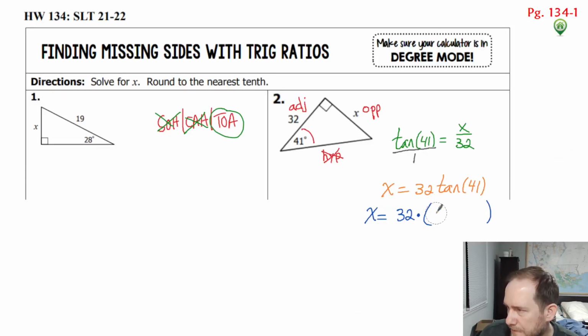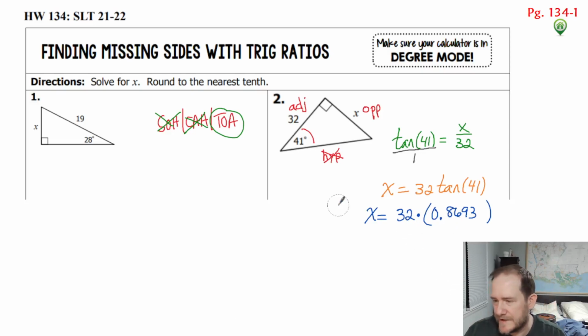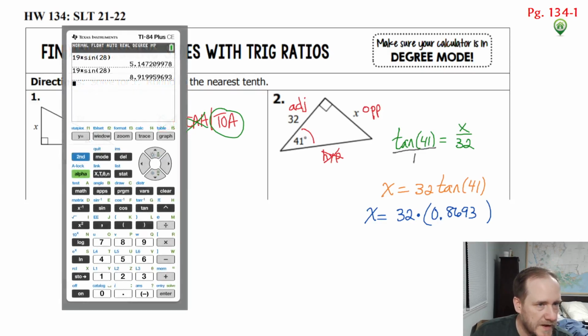So it's technically 0.8693. And so now, even if I had a calculator that doesn't know how to do trig, I can still find my answer because, let me bring the calculator back now. I can just type in the decimal from the worksheet.